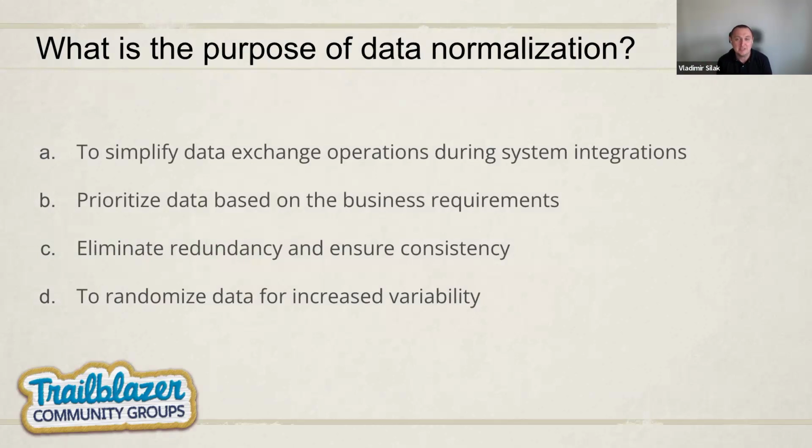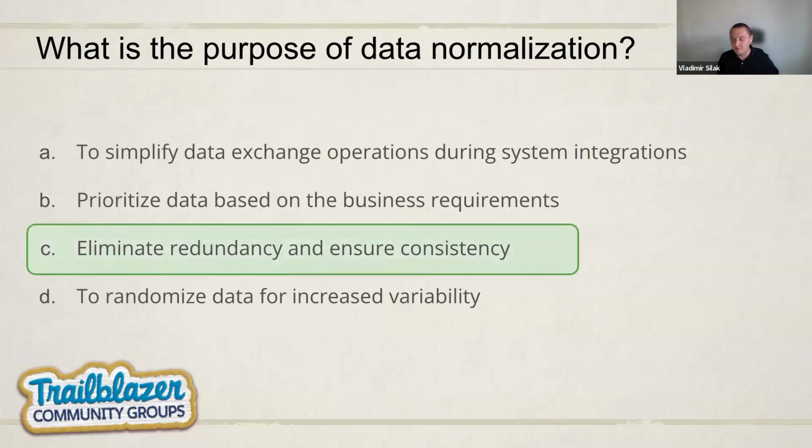All right, and the last one: what is the purpose of data normalization? Remember, we talked about the normalized versus denormalized view. What answer would you choose for the purpose of normalization? All right, majority going with C. I thought that would be a bit trickier.